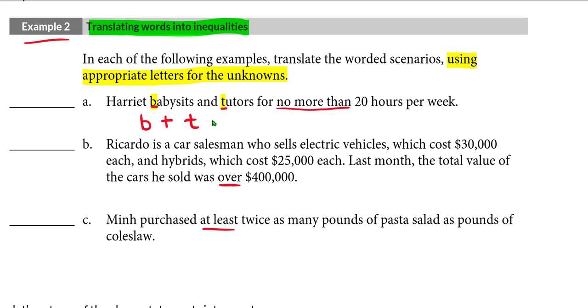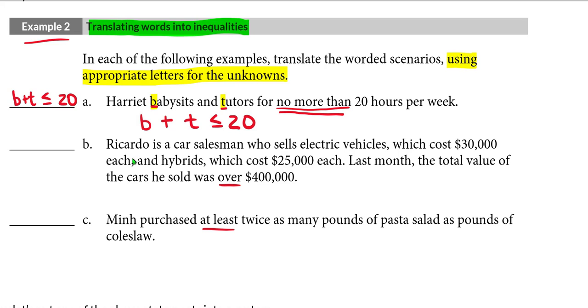Remember that no more than 20 hours per week means less than or equal to 20. The total number of babysitting and tutoring hours could be 20, it just can't be over 20. So this is a less than or equal to scenario, and my translated inequality will be B plus T is less than or equal to 20.